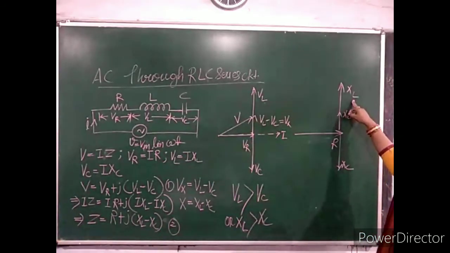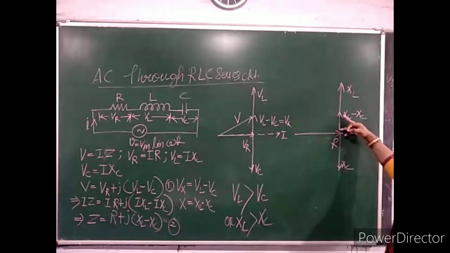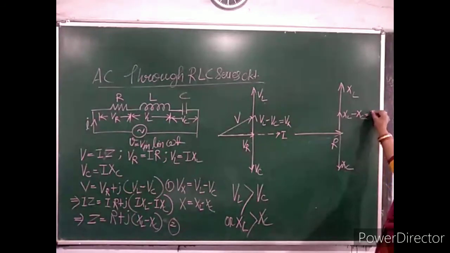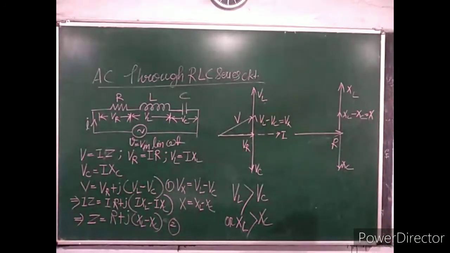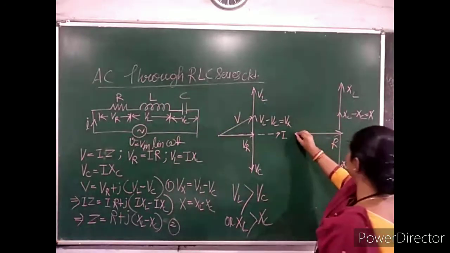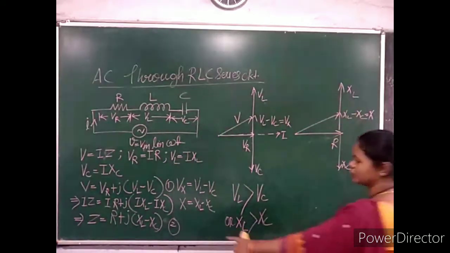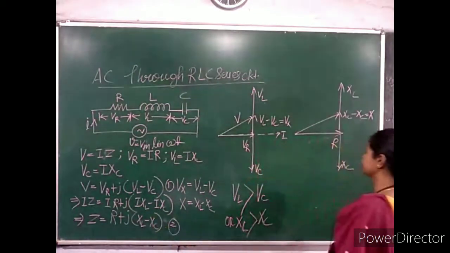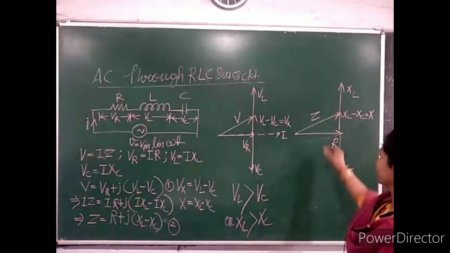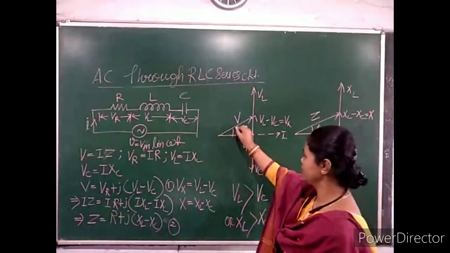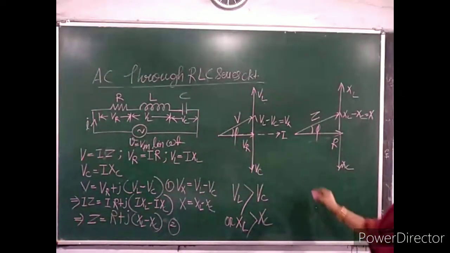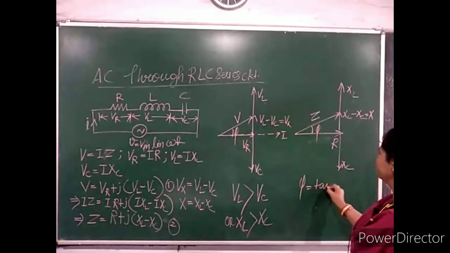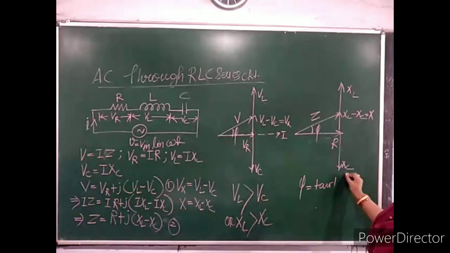So the inductive reactance suppresses the capacitive reactance, and their subtraction gives the result X, total reactance XL minus XC, and their resultant from this equation 2, R plus j(XL minus XC), gives the total impedance, and this angle is the power factor angle phi, that is tan inverse of perpendicular XL minus XC by base R.